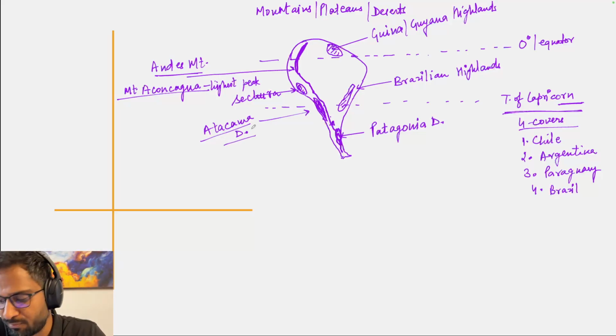Atacama Desert, if you look at it, is present in parts of southern Peru, then northwestern part of Argentina, a very small part, parts of Bolivia, and obviously Chile is also there. So basically at the junction of these four countries, this desert is present. Patagonia is in Argentina.